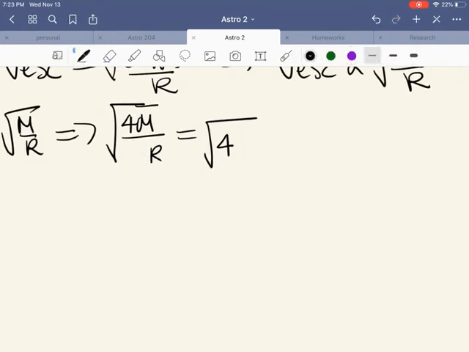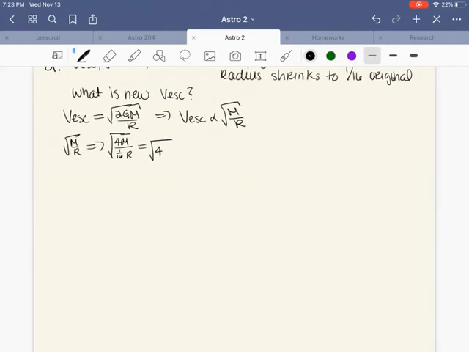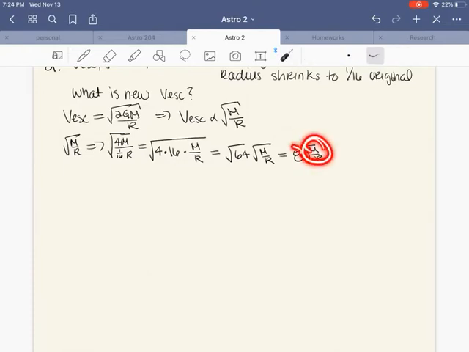Dividing by 1/16 is the same as multiplying by 16. Four times 16 is 64. I'm going to put that in its own radical, and I get 8 root M over R. This is what I started off with. I'm multiplying it by 8, so I need to also multiply my initial escape velocity for Jupiter by 8.